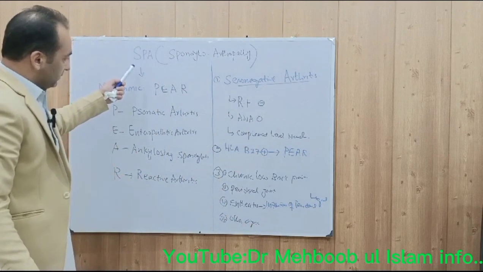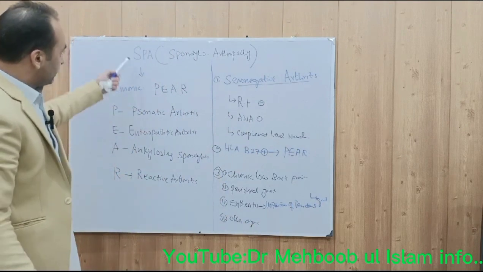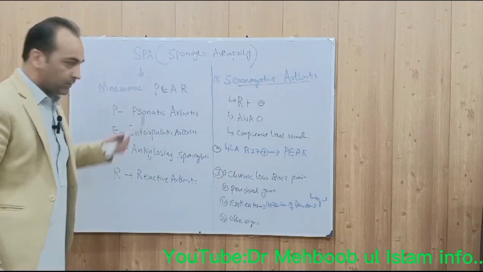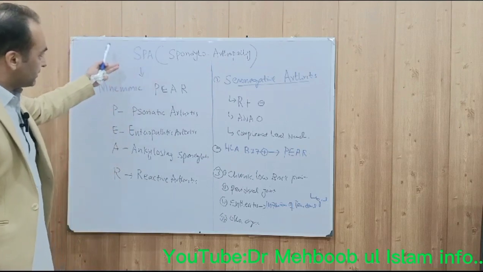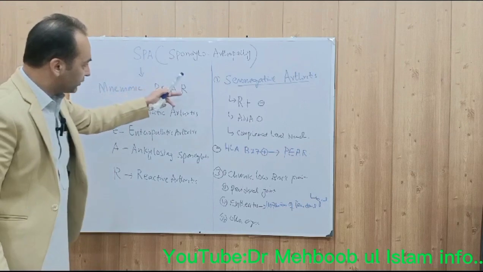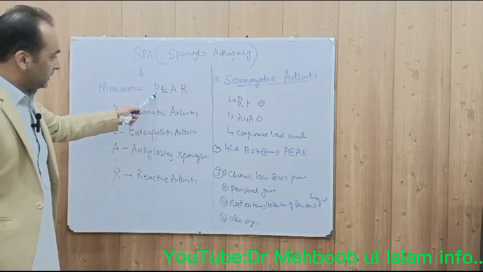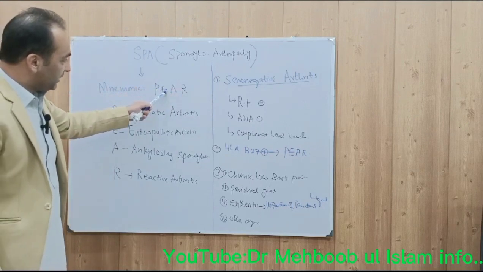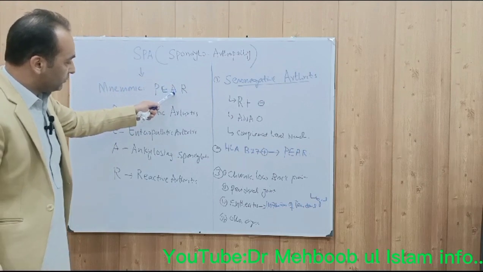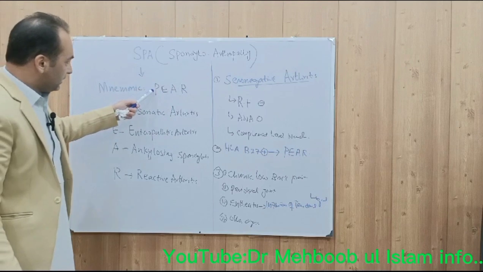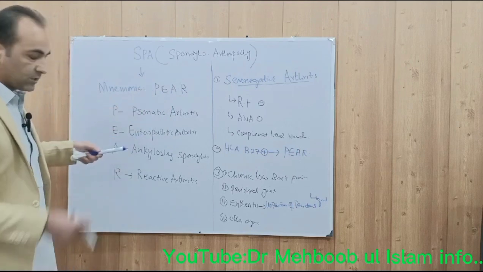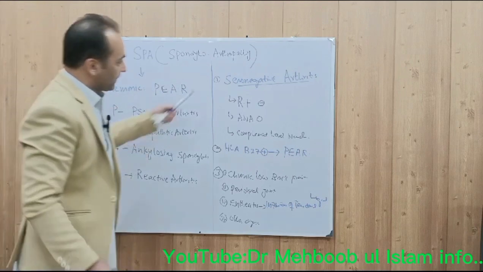So this was a short introduction about spondyloarthropathy. This is an umbrella term. Under this umbrella term, there are four conditions: psoriatic arthritis, enteropathic arthritis, ankylosing spondylitis, and reactive arthritis. All these conditions share some common clinical features.